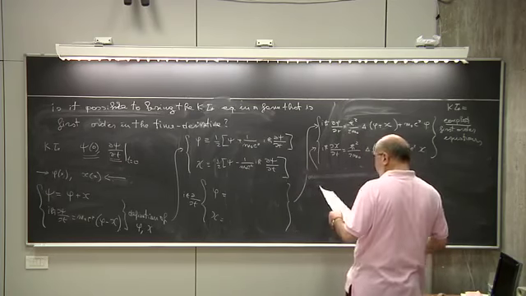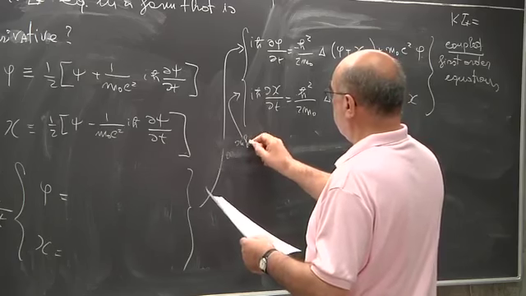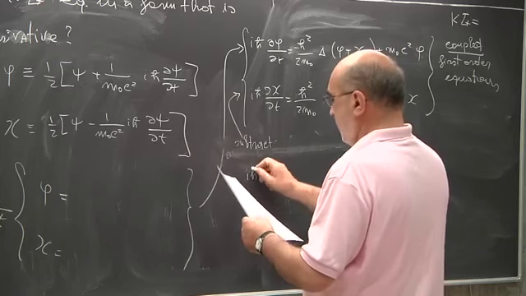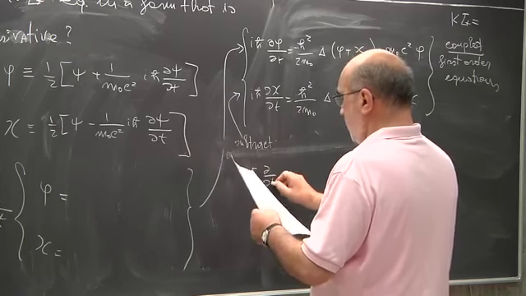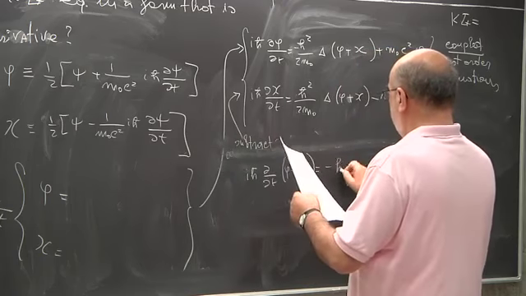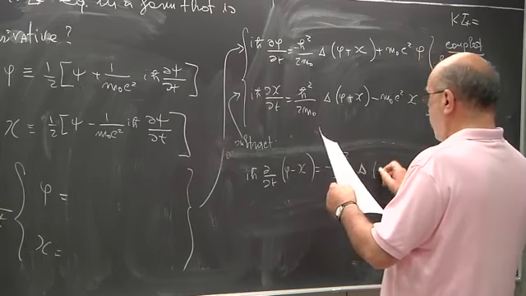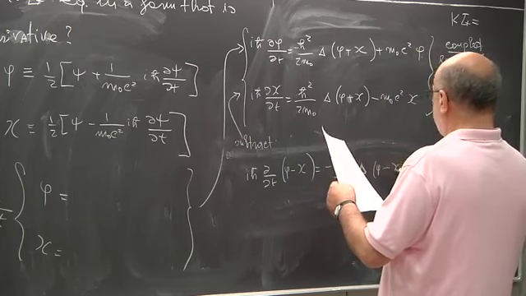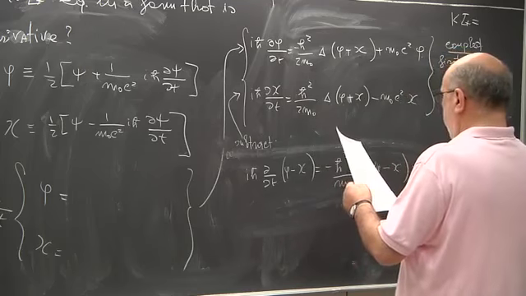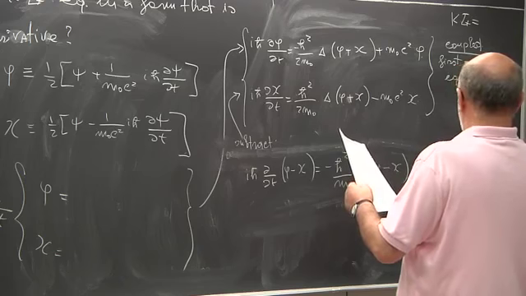Let's subtract the two equations. If we subtract, i h bar d/dt (phi minus chi) equal minus h square over m Laplacian (phi minus chi), this Laplacian, plus m0 c square (phi plus chi).